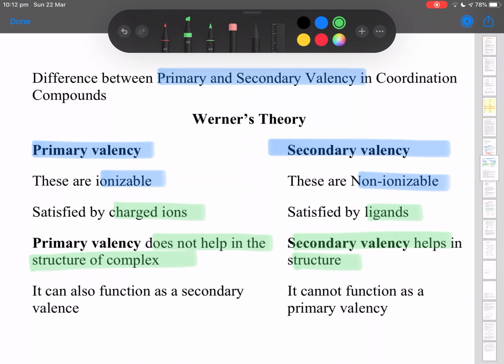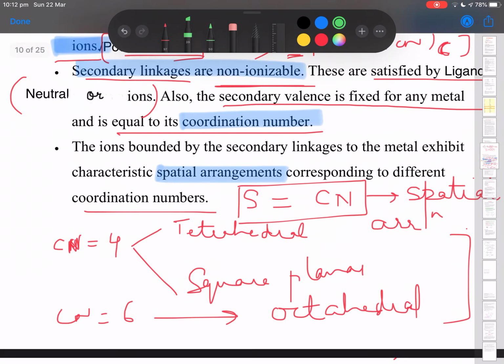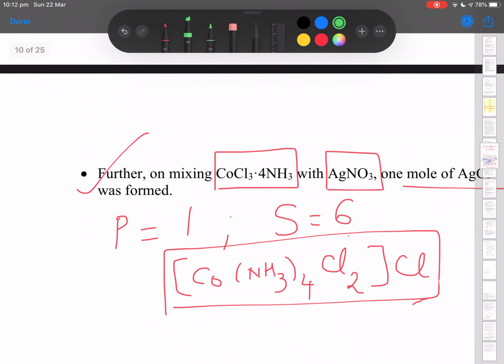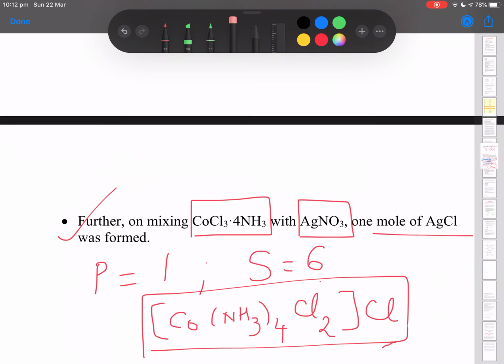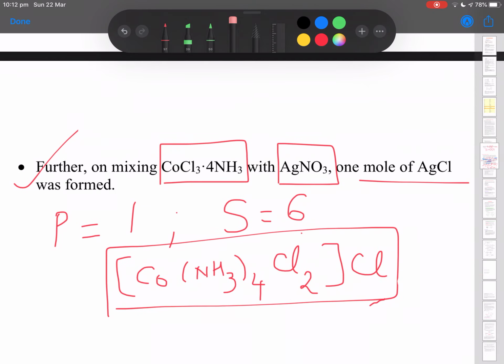Henceforth, the very, very important last point I need to mention is that primary valency can also function as secondary valency. We understood this in the last two examples, right? I'll just show you here. In these two examples, the counter ions, that means the primary valency, was only 1, but the chloride ions were 3 in number.